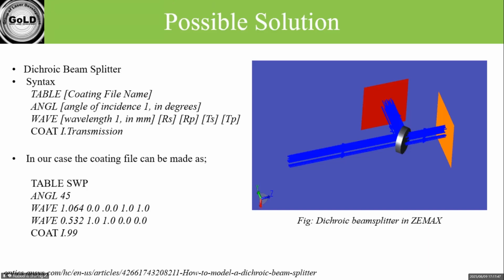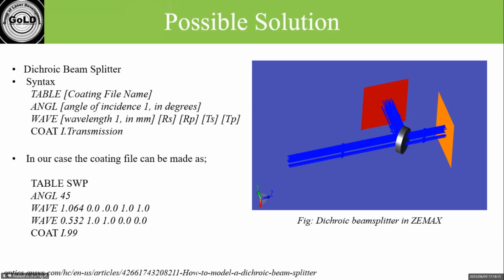Actually, we don't have non-linear components like a second harmonic generation crystal in ZEMAX. So I added a thin layer of glass, you can say, and I applied a birefringence coating, which splits the beam into ordinary and extraordinary axes, as happens in a non-linear crystal. These are the two axes we have in non-linear or birefringence phenomena.